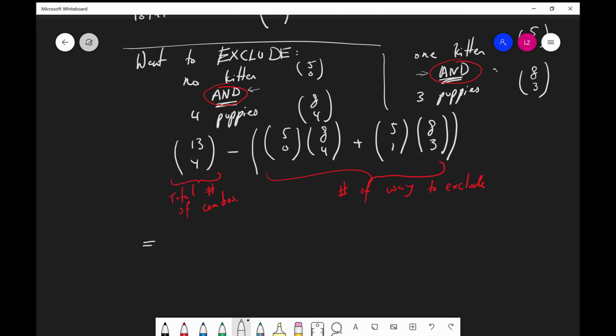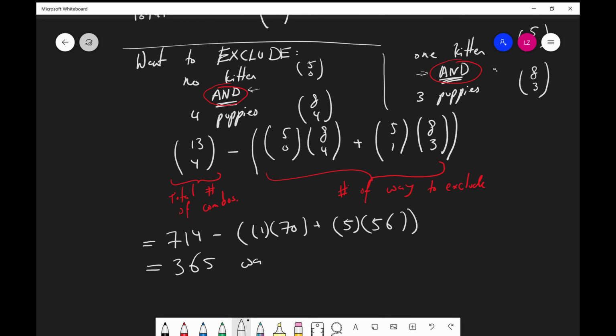So I plugged it into a calculator. 13 choose 4, you get 715 minus 5 choose 0, that's always 1. Anything choose 0 is actually 1 because, yeah, math. Multiply 70, that'll be 8 choose 4, plus 5 choose 1. There are 5 ways to choose 1 thing out of 5. Multiply by 56, that will be 8 choose 3. And that should give you 365 ways.